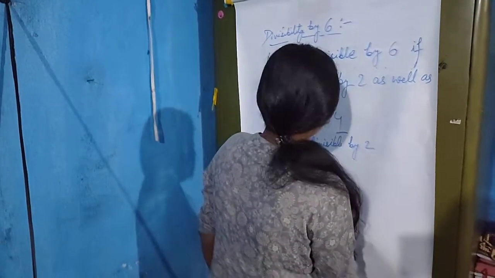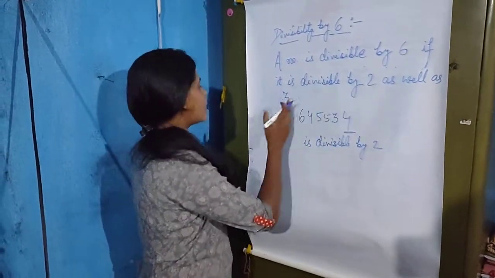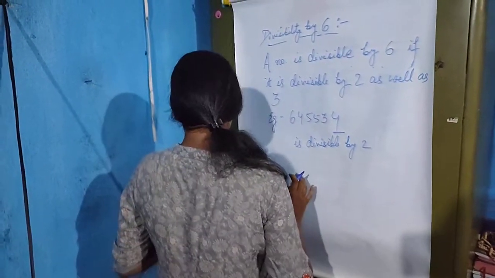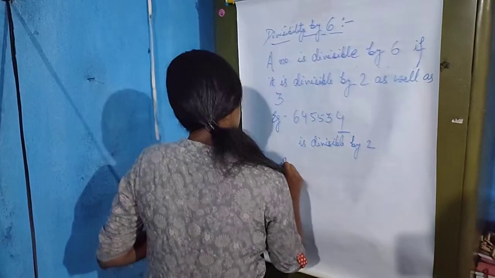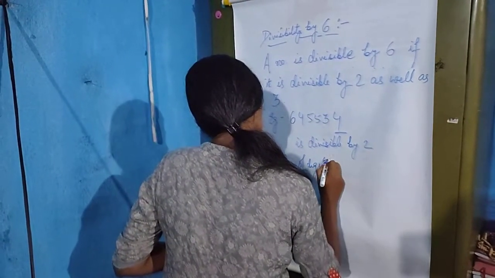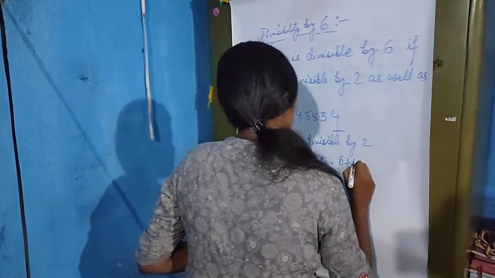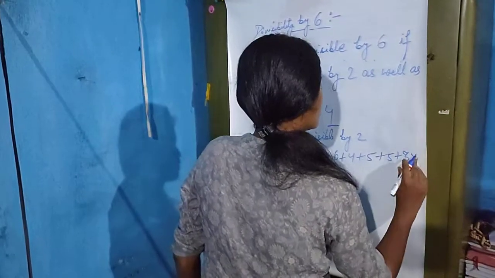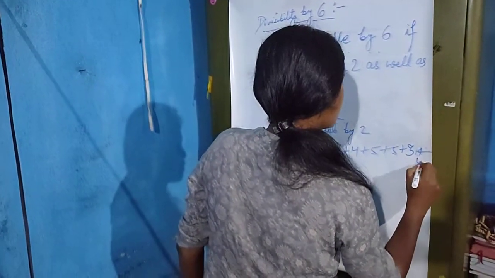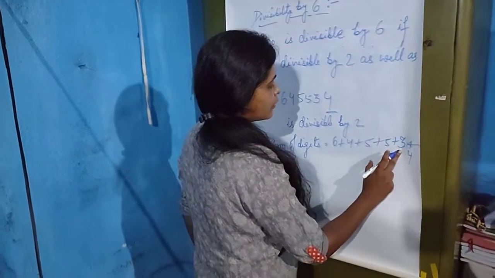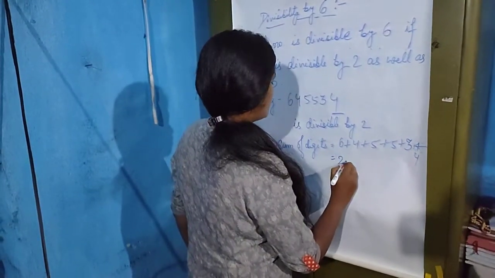Now let's check whether the given number is divisible by 3 or not. What is the condition for divisibility by 3? You have to find the sum of digits. What will be the sum of digits? 6, 4, 10, 20, 23, 27.